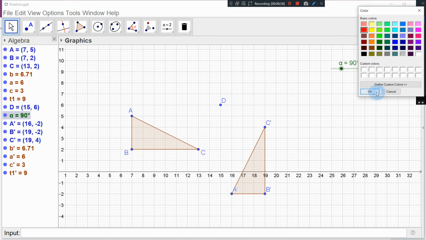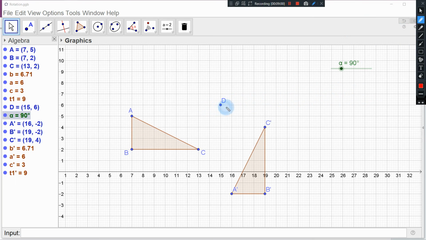Okay, always remember, start counting from the center of rotation. Let's say I want to get the image for this point, right? Now this is the center. Then I start to count. 1, 2, 3, 4, 5, 6, 7, 8, 1. This is 8, 1.